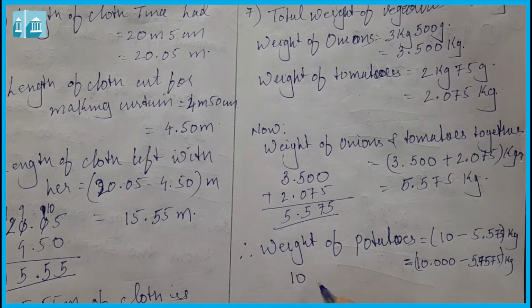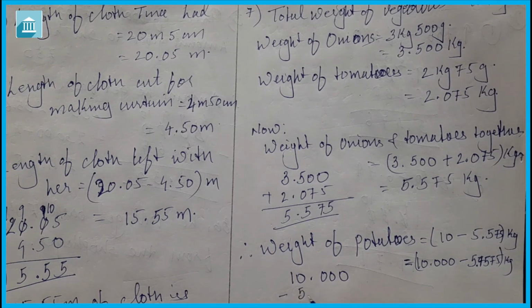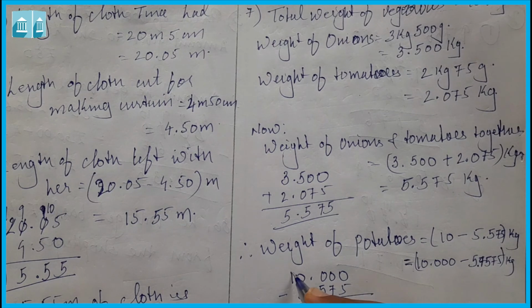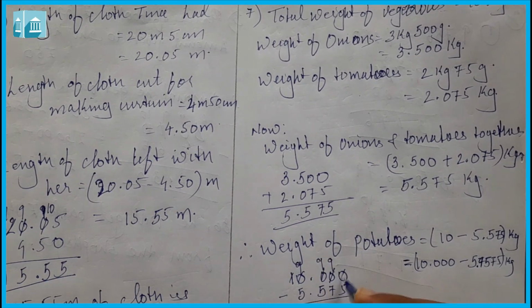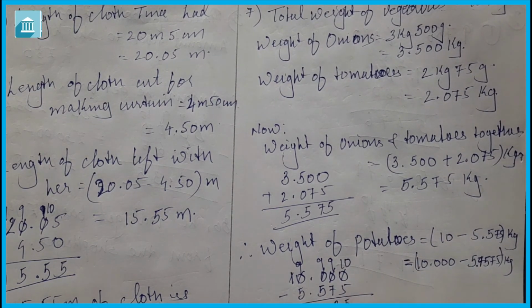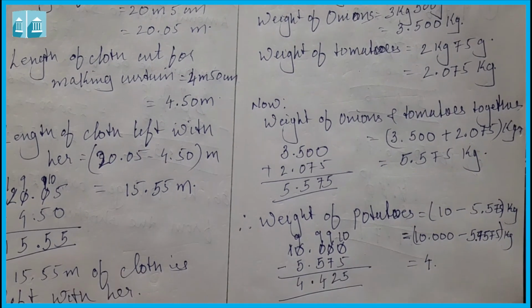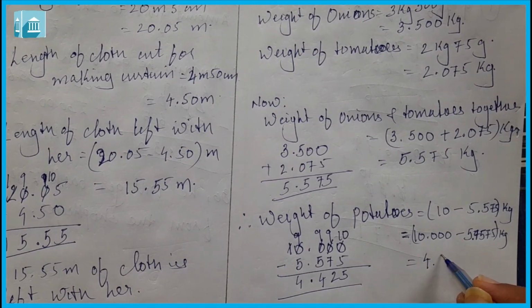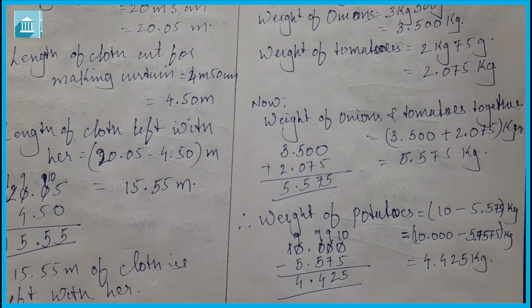So 10.000 minus 5.575. Here it will be 9, 9, 9, 10. 10 minus 5 is 5. 9 minus 7 is 2, 4. Here it is 4. So the answer is 4.425 kg.